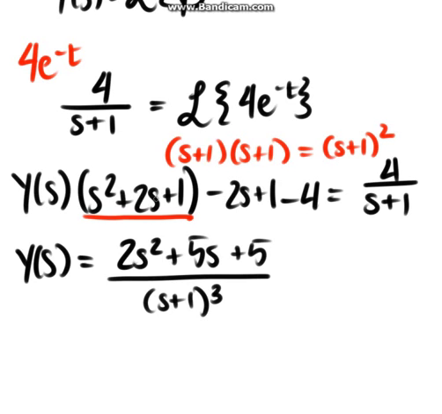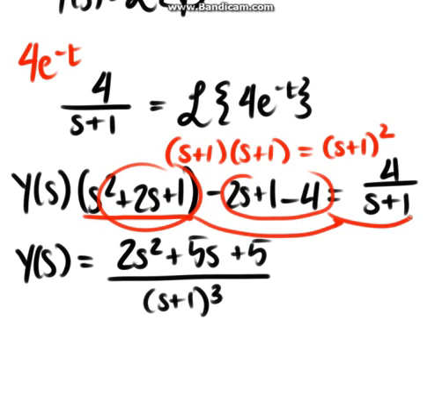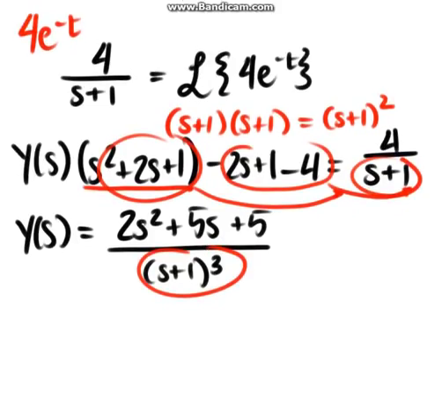Before I brought this term over to the other side, I brought all these terms to the other side, and then I divided through, and since there's already an s plus 1 here, I was able to get s plus 1 quantity cubed. And I put everything in a common denominator, which is s plus 1 quantity cubed.